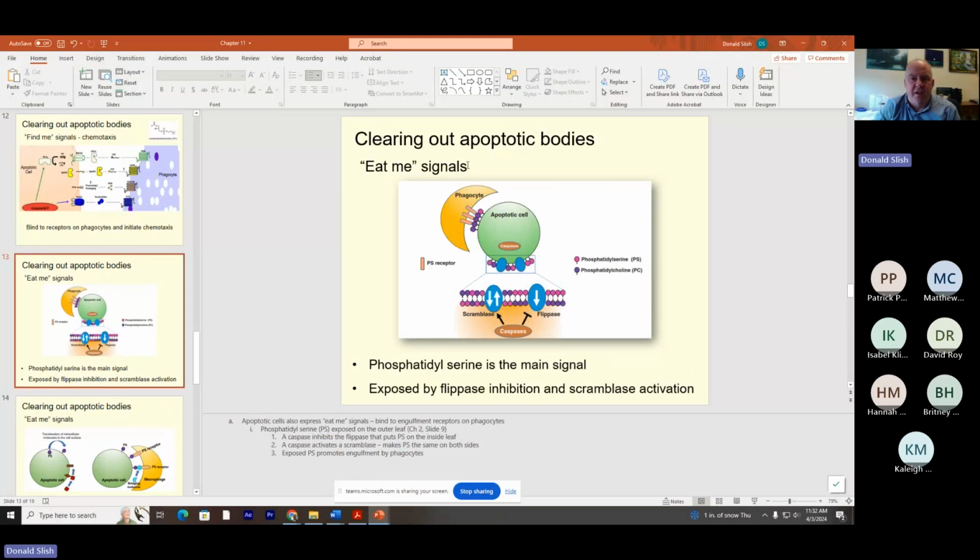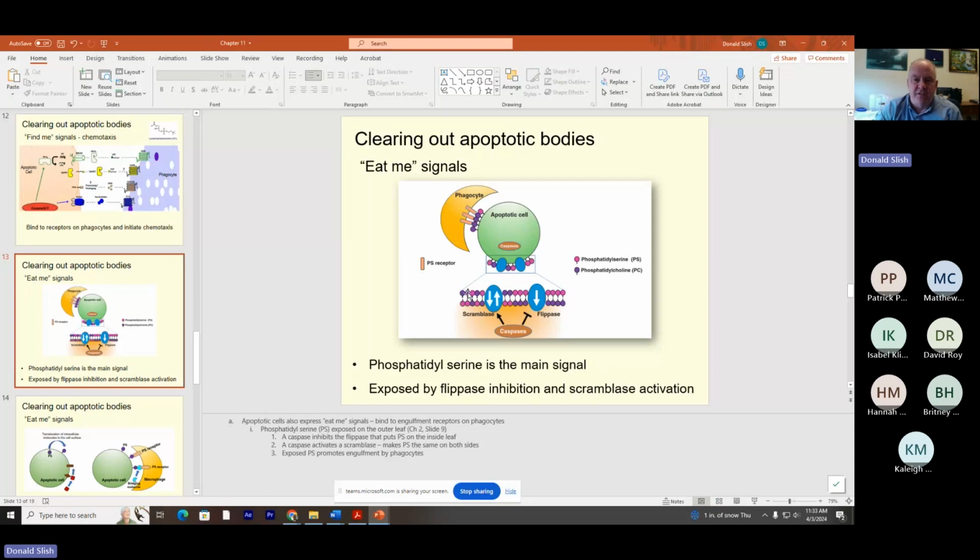And then once they get there, the eat me signal. The main eat me signal is phosphatidylserine. Again, we talked about this back in chapter 2. Your caspase 3 is going to cleave both the flippase and the scramblase. When it cleaves flippase, it turns it off, and flippase is constantly putting phosphatidylserine on the inside of the membrane. So that gets shut off. And then you activate scramblase, which just scrambles them so it's random.